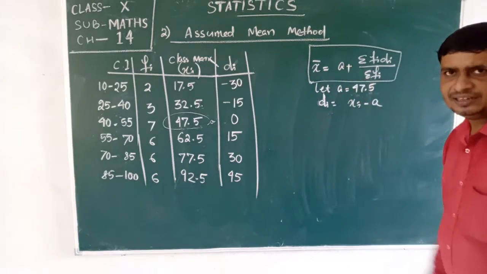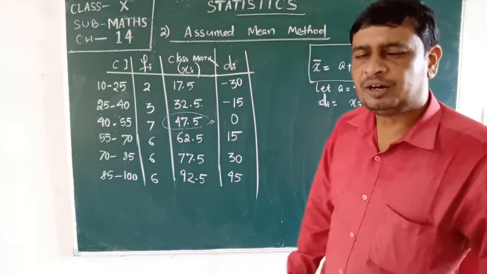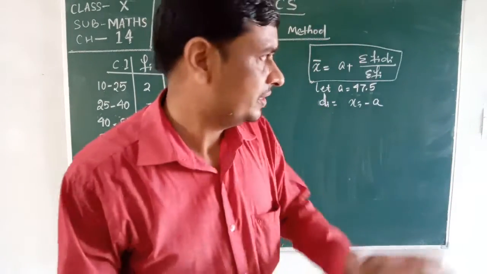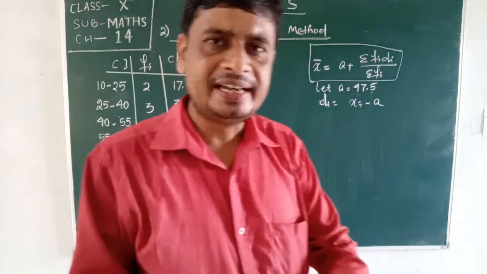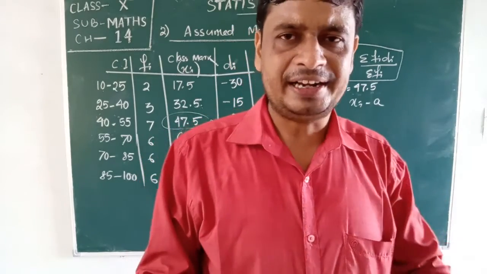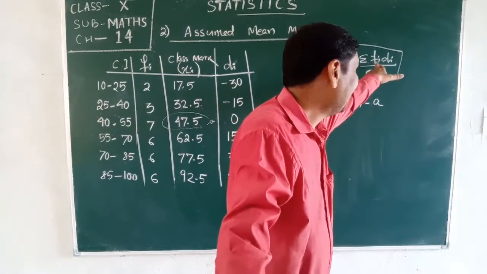in finding the mean there exists the sum of FiDi. Sum of FiDi means the sum of F1D1, F2D2, F3D3, F4D4, F5D5. In this way, we have to add all the elements of the column FiDi.